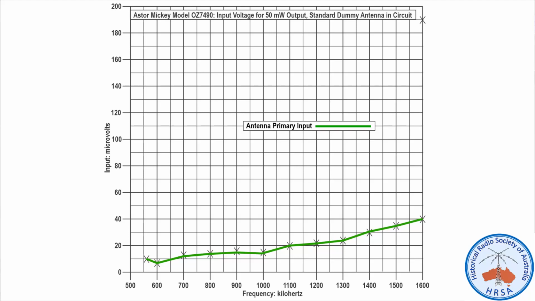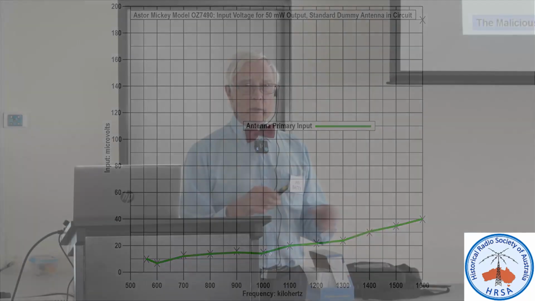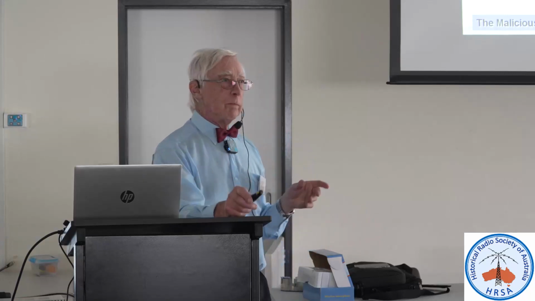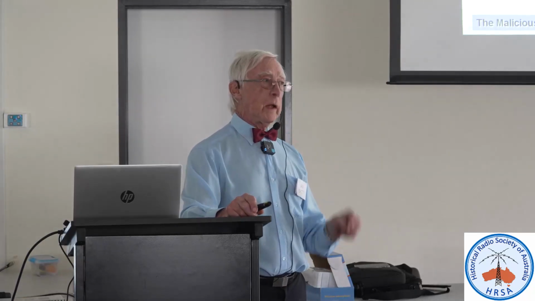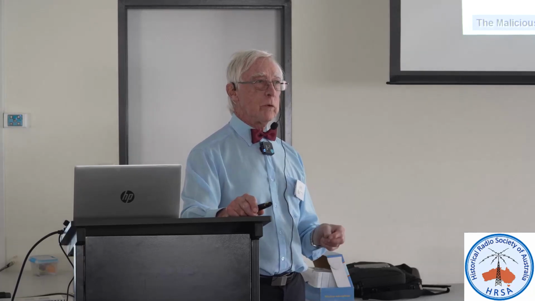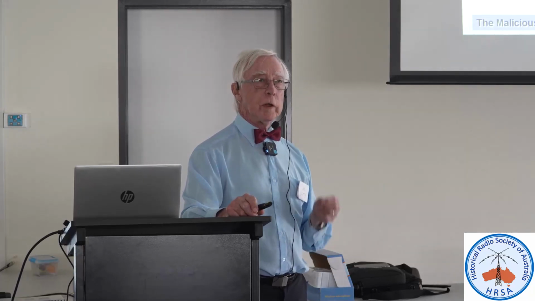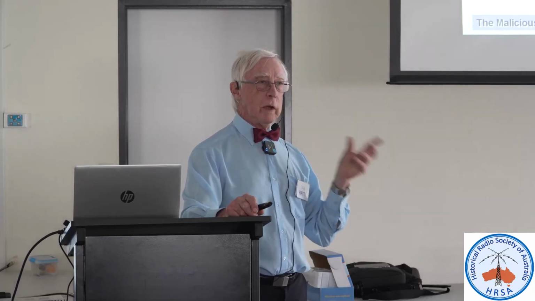I've now got a sensitivity better than 10 microvolts at 600K. I don't know if you're as fussy about signal levels as I am, but I've said to a couple of you already, that is the second best Mantel radio for sensitivity that I've tested ever.